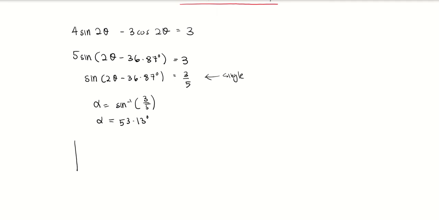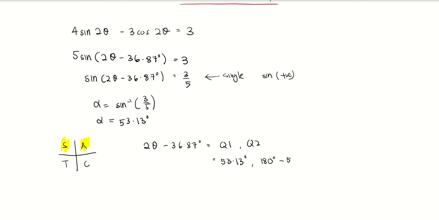We determine the quadrant using All Sin Tan Cos: sine is positive in the first and second quadrants. So 2 theta minus 36.87 is in the first and second quadrants. In the first quadrant, that is alpha itself, 53.13, and in the second quadrant, that is 180 minus 53.13, which is 126.87.